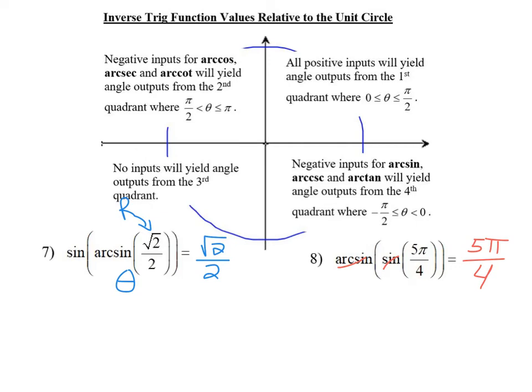That is over here in the third quadrant. And we know that there's no way that our output for an arcsine can be in the third quadrant. So 5 pi over 4 is actually not correct. All right, see if you can figure out what angle we should get back for this arcsine. Pause the video and give it a shot.